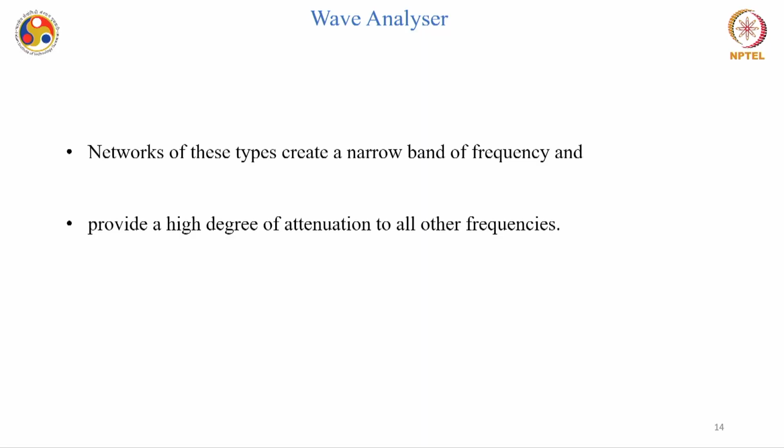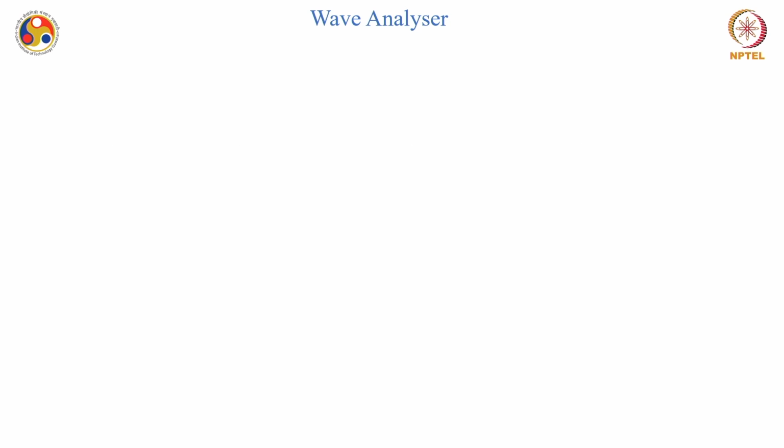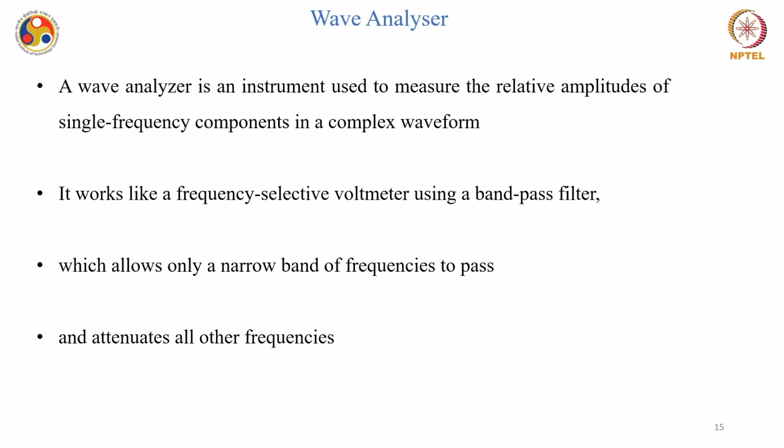Such a band pass filter can create a narrow band of frequency and provide a high degree of attenuation to all other frequencies, not allowing them to pass through. The instrument which utilizes such a technique is known as a wave analyzer.